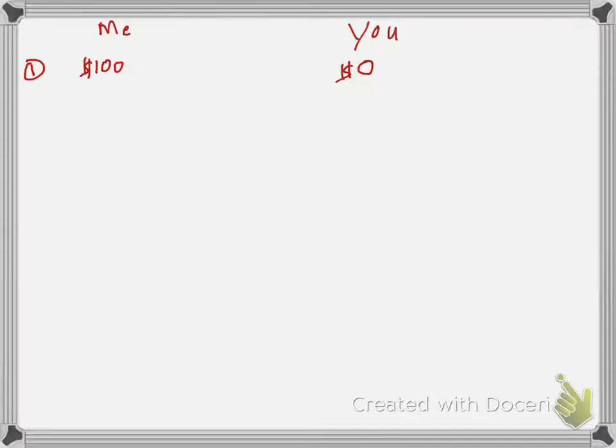And what's going to happen is every single day I'm going to give you $1. And every single day you are going to give me 10% of whatever you have. So every day I give you $1, and every day you give me 10% of what you have.